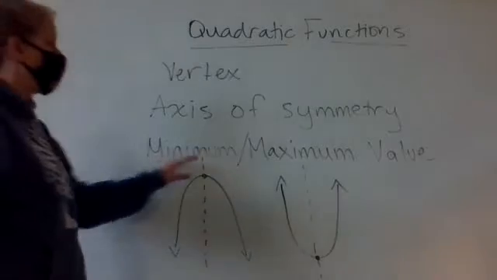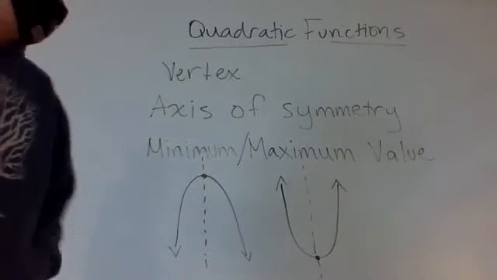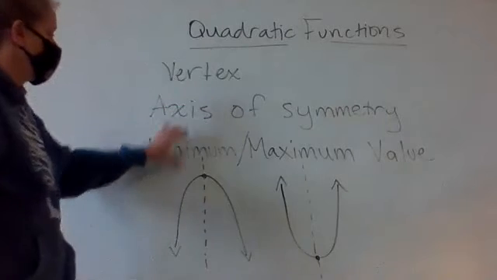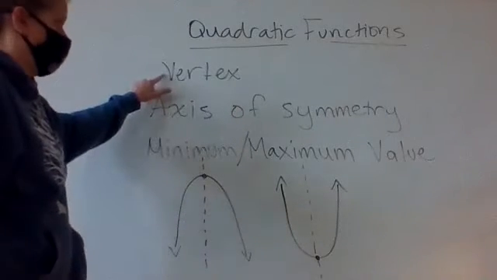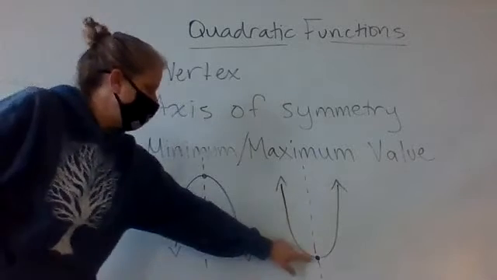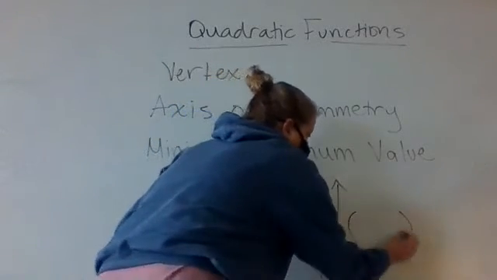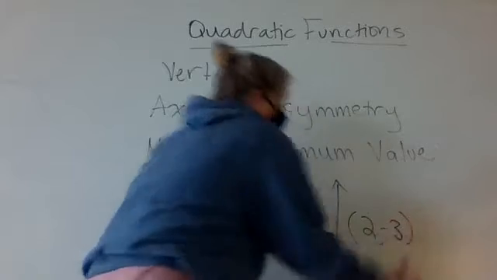Then there's what's called a minimum or maximum value of the parabola. These two terms actually stem from whatever the vertex is. So I'm just going to make up a point for this vertex. I'm going to say that vertex is at (2, -3).